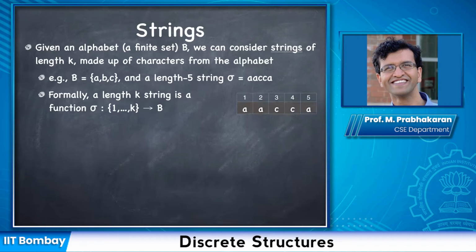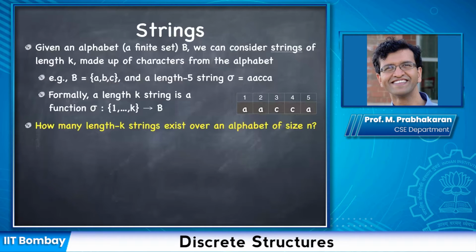So here is another way to think of the same string. It maps 1 to A, 2 to A, 3 to C, 4 to C, and 5 to A. So a string is a function that maps the set of positions to the alphabet.